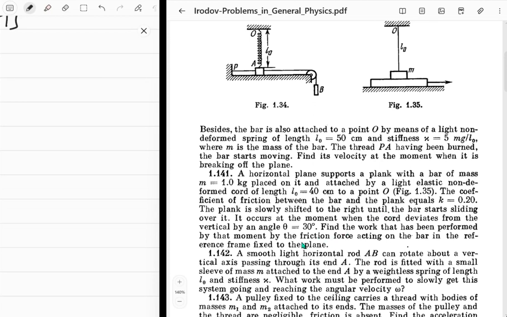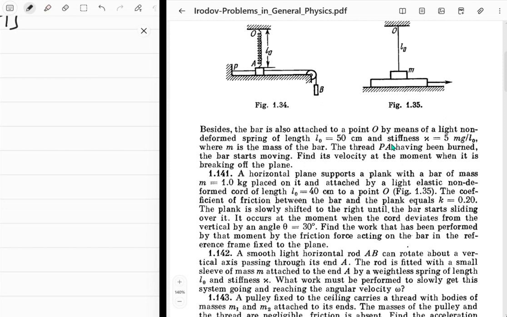What? By that moment, find this friction force, and then in the reference frame fixed to the plane. That is very different. So you got a pseudo force acting over here. You also have this tension pulling it. Oh, this is going to be really hard.